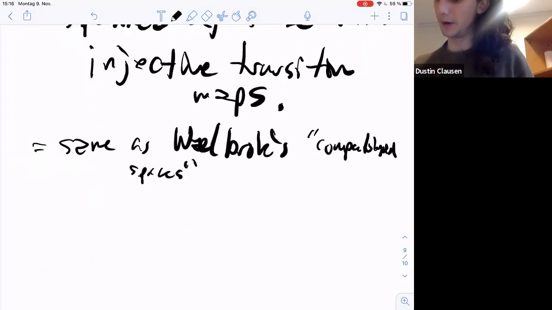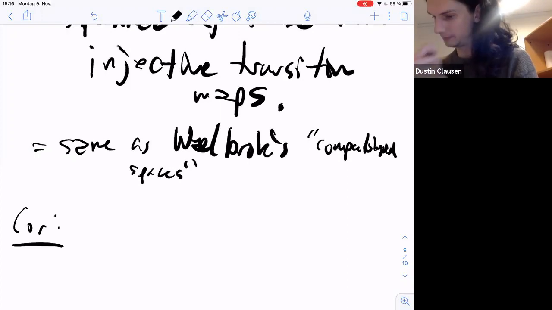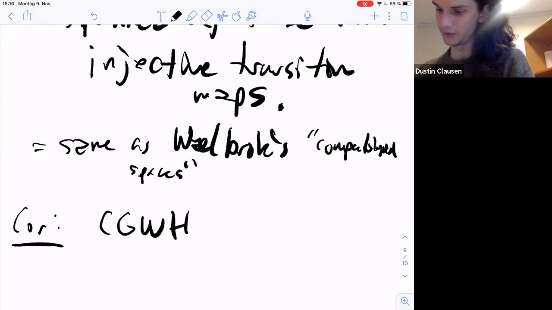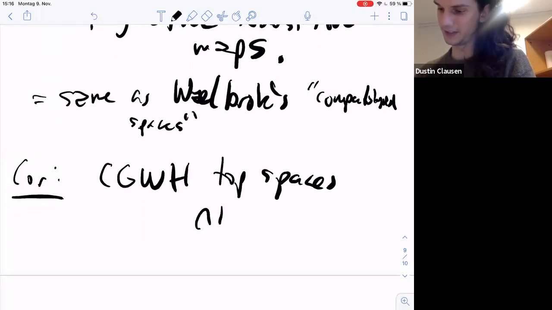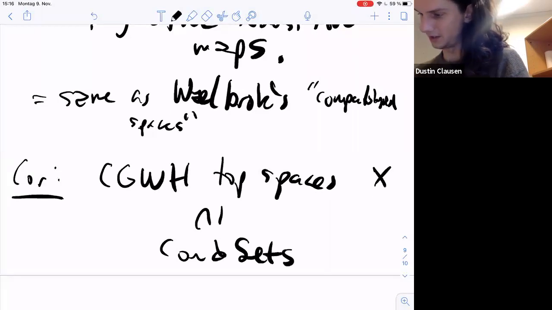But I want to make a warning. A corollary of this is that compactly generated weak Hausdorff topological spaces, I'll remind you what that means in just a second, sit fully faithfully inside condensed sets via the association X goes to T goes to continuous maps from T to X.